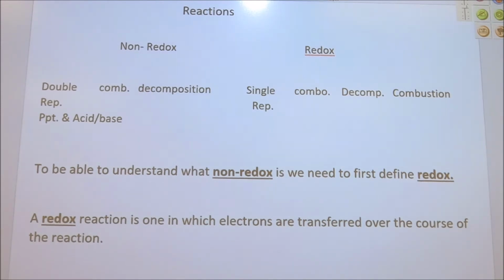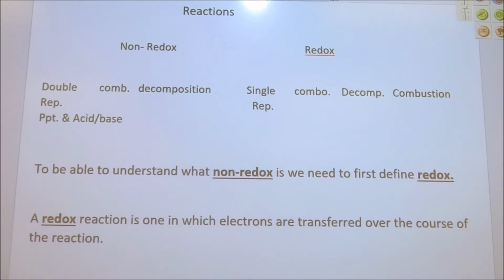First thing we do when we have a reaction, we can talk about it being a non-redox reaction or a redox reaction. Don't worry, I'm going to define redox for you in a minute. Non-redox reactions can be broken down into double replacement reactions, combination reactions, or decomposition reactions.